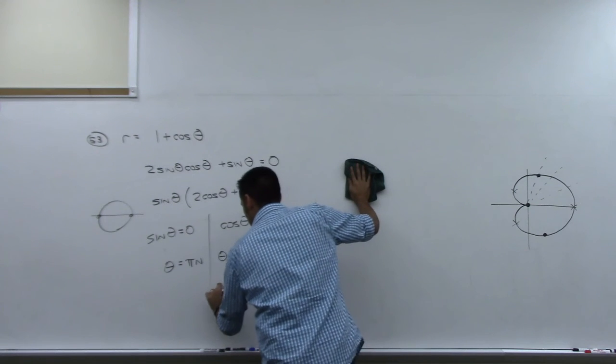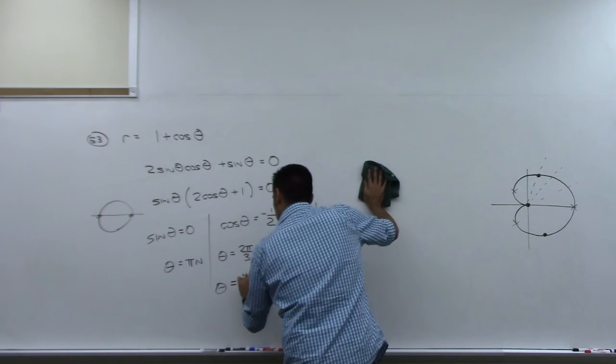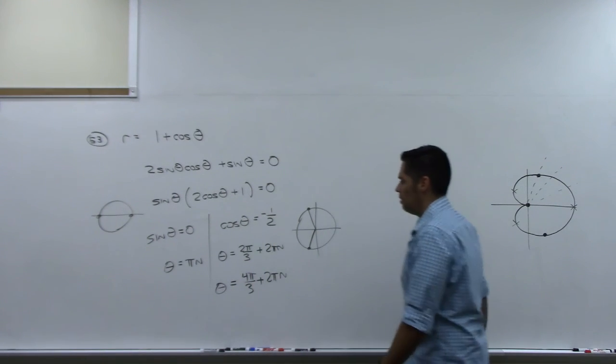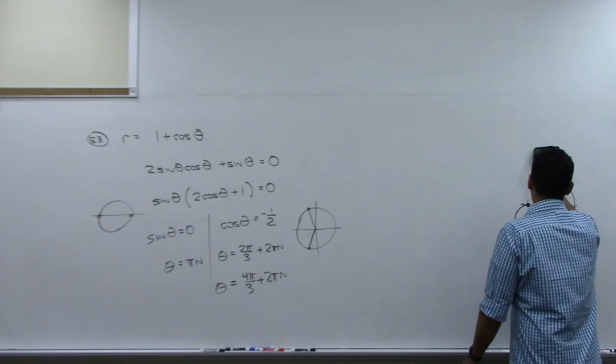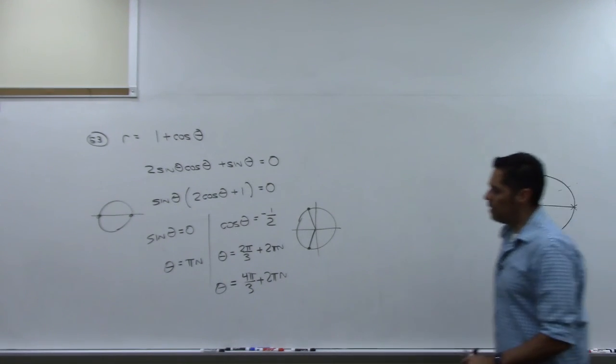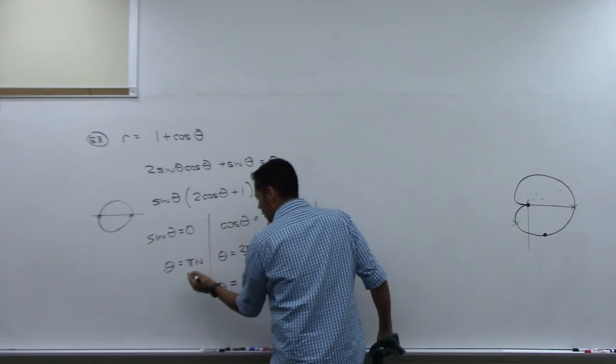Then you have another one, 4 pi over 3 plus 2 pi n. So all I really need to do, don't erase that, keep that up here, is plug in, let's see, this is really like 0 pi, 2 pi, 3 pi, 4 pi.